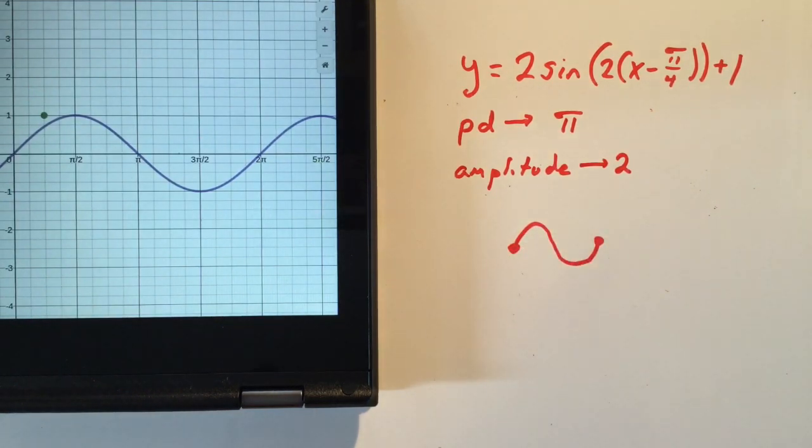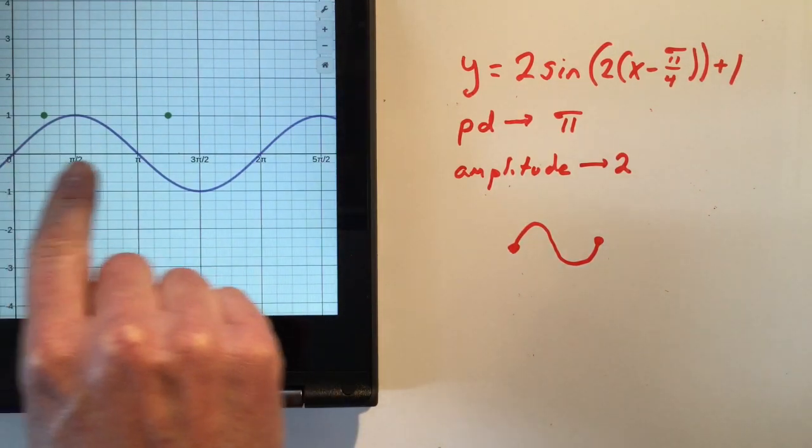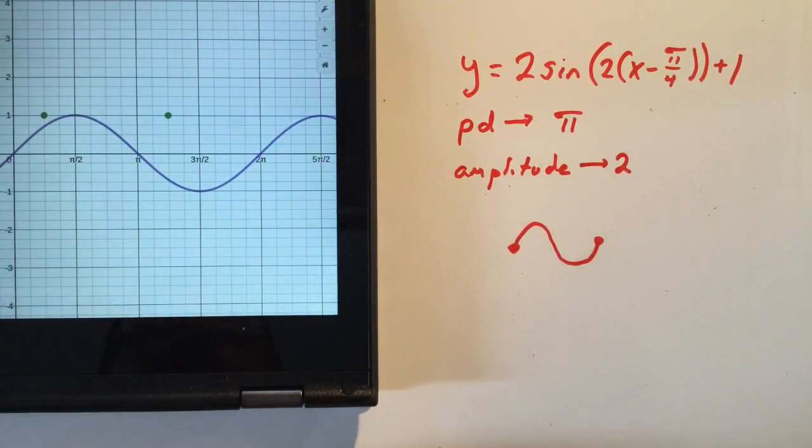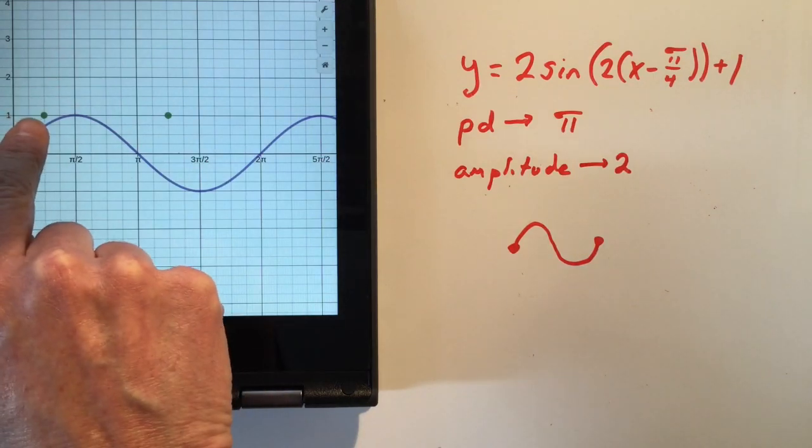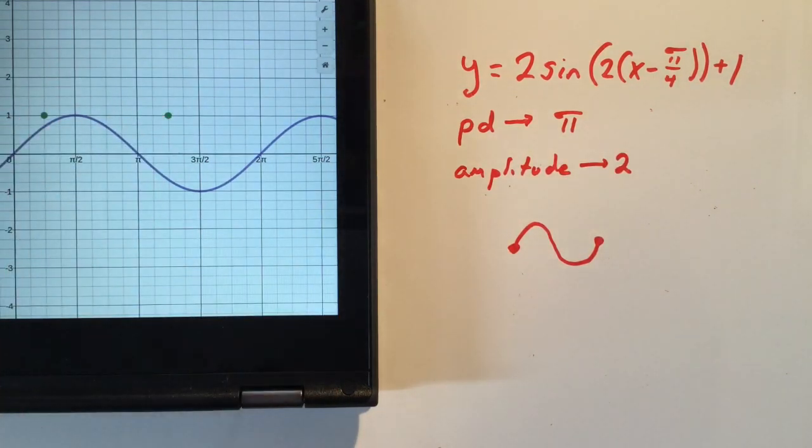So we know that exactly pi more than pi fourths will get you to your next point of inflection. So all you have to do is add pi fourths plus pi, and that'll take you to 5 pi fourths, 1. And if you're struggling to add fractions, really all you have to do is say, well, if I know my period is pi, and I know it is 8 boxes from 0 to pi, then all I have to do is go 8 boxes to get from this point of inflection to that point of inflection.